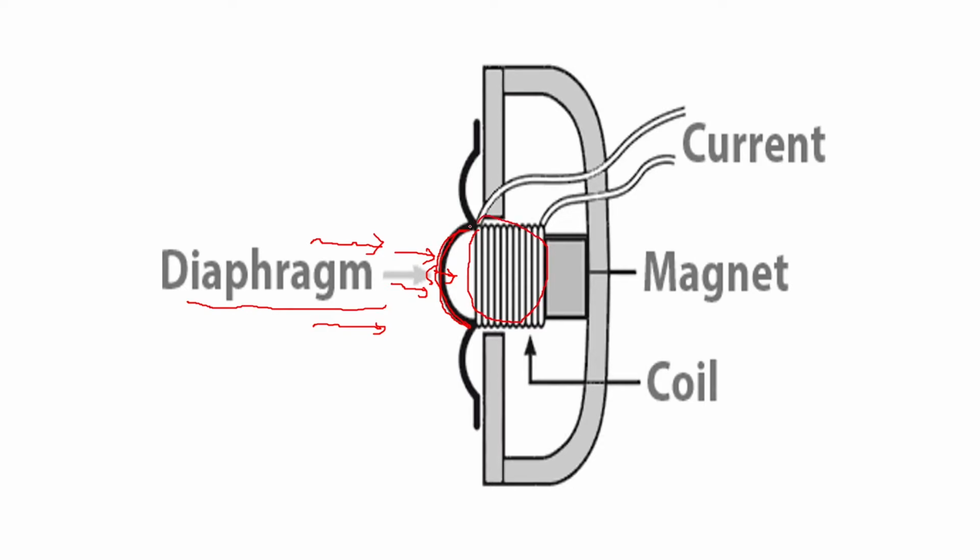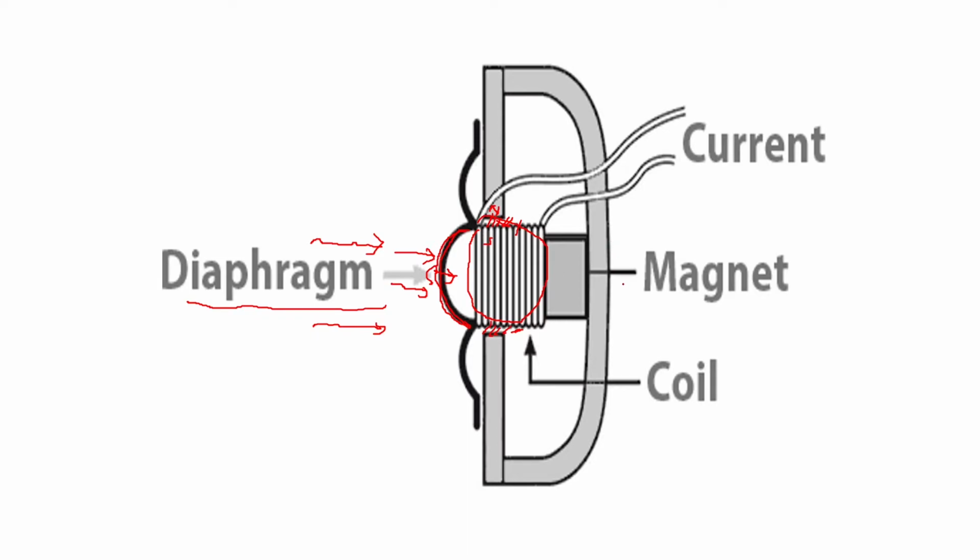And this coil is placed in a magnetic field. So here you can have your north pole, south pole. So these are all magnetic lines of force. Even here you can have magnetic lines of force. And this coil is placed in the magnetic field of a permanent magnet.